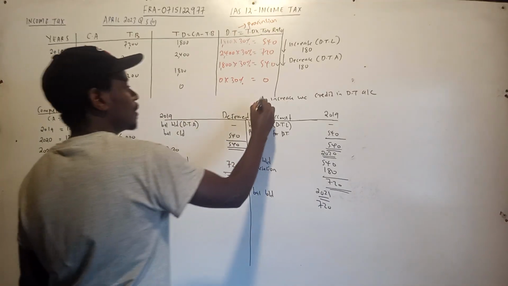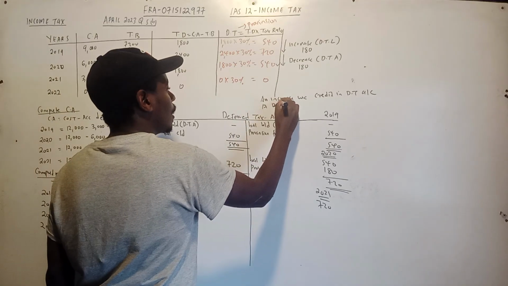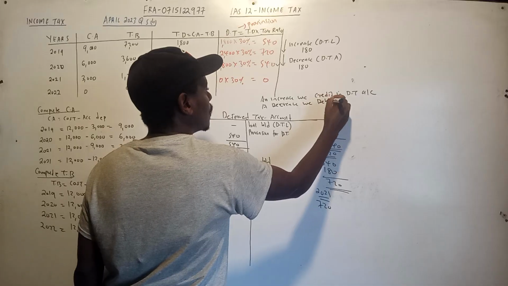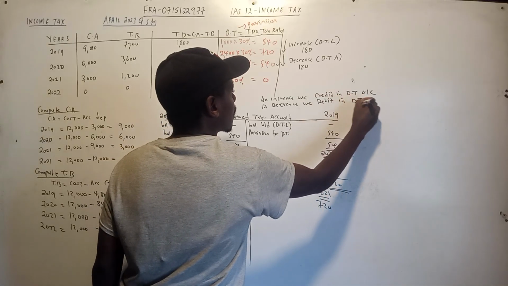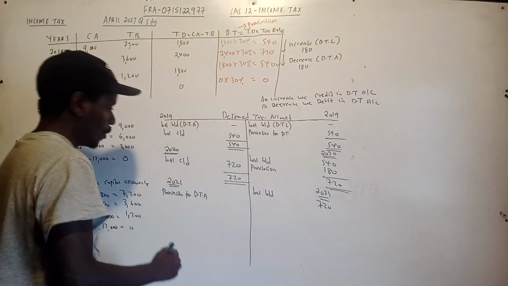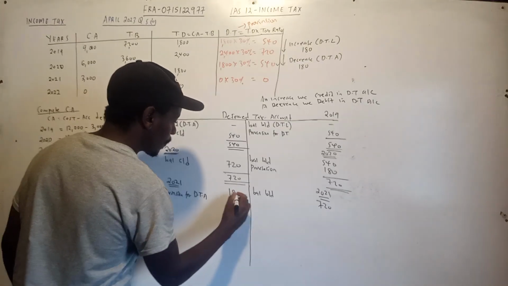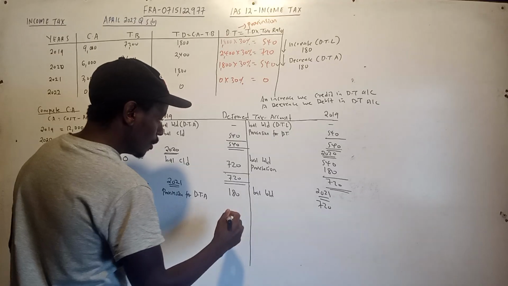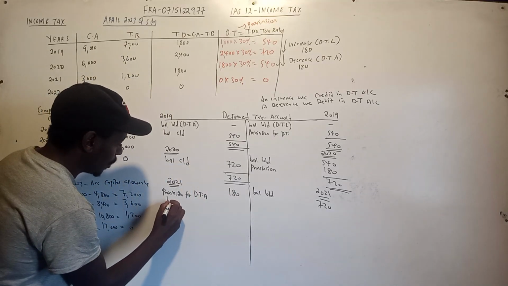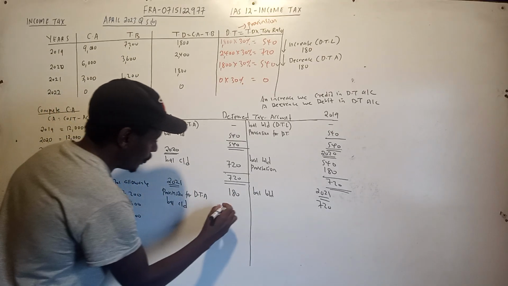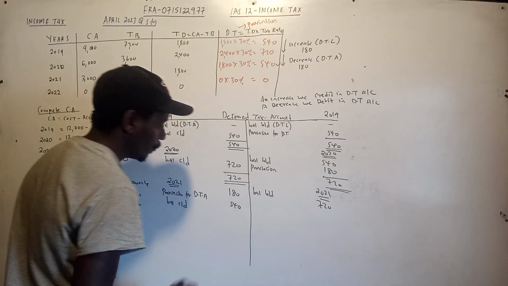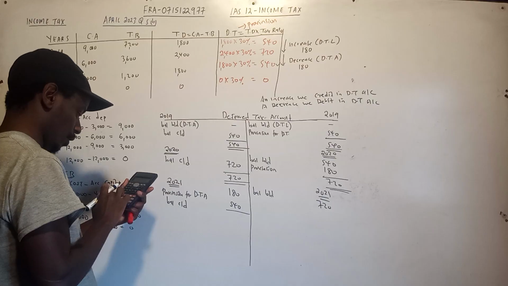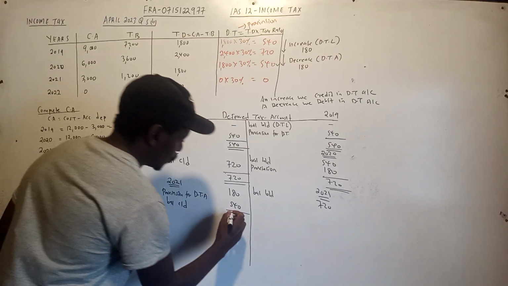For a decrease we debit in the deferred tax account 180, then we balance the account. So the balancing figure, balance carried down, is equal to 540. So that 540 plus 180 is 720.